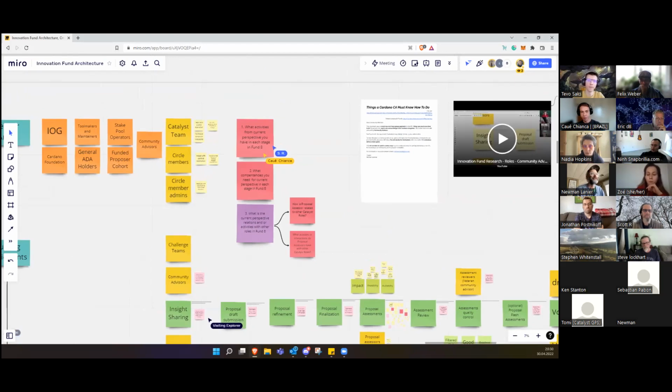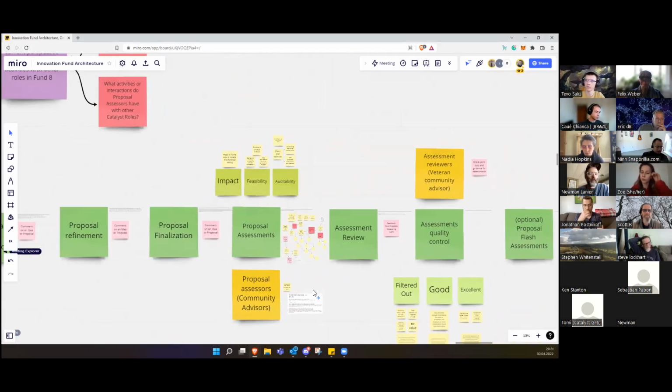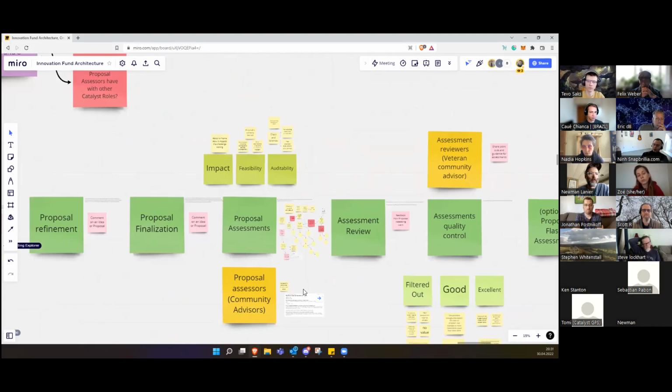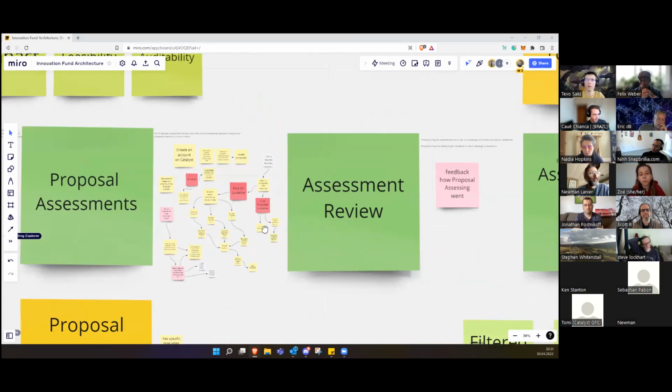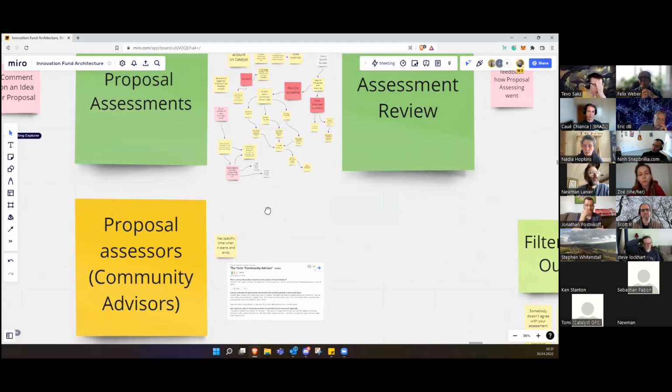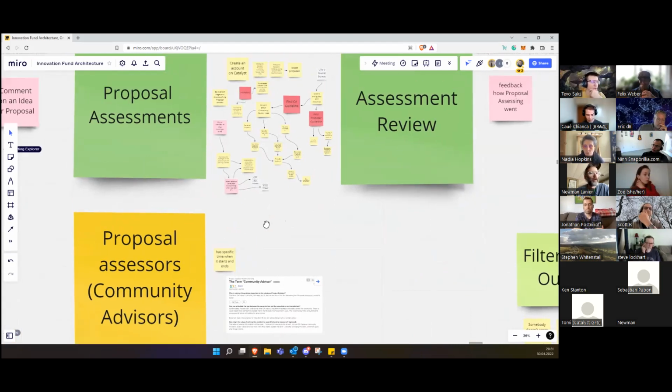Dumb question. Is the proposal assessor meant to incentivize or allow proposers to rate proposals in the same challenge? There is a rule, but I don't exactly mean what you asked.